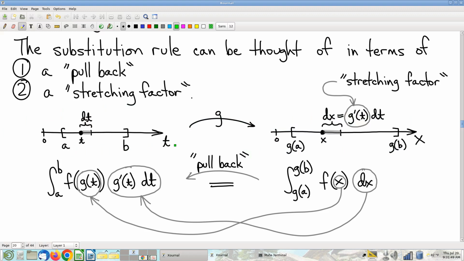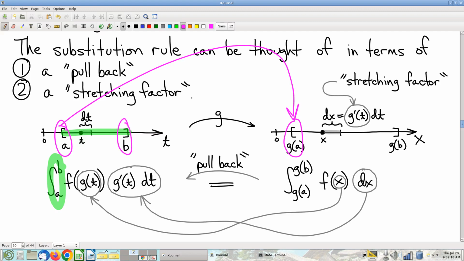Now these bounds, a and b, and this integral over here correspond to g of a and g of b. What's happening there? Well, I claim that this domain for the integral on the left, if you look at individual points, like where does a go by this function? The output value is g of a.